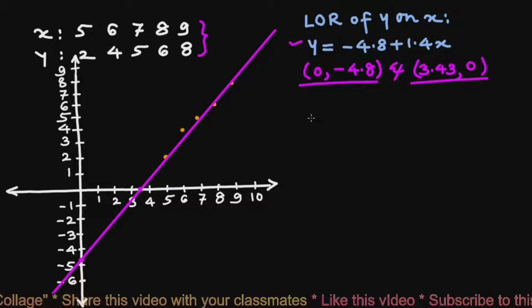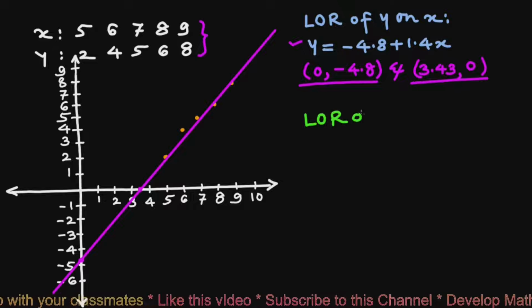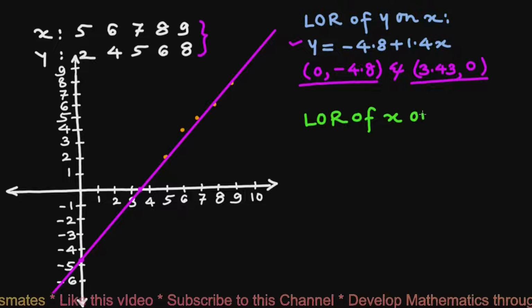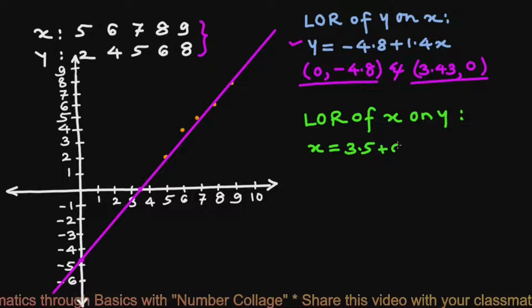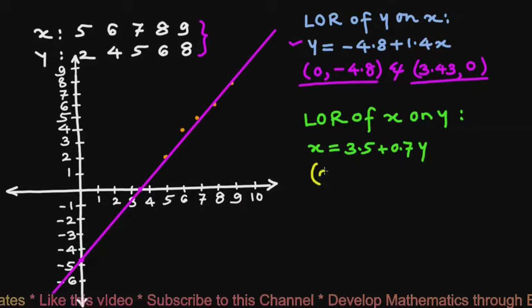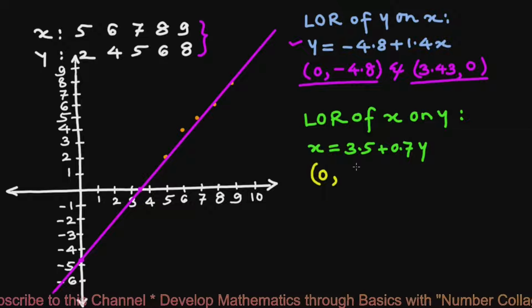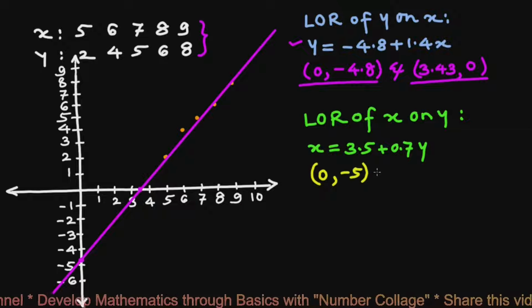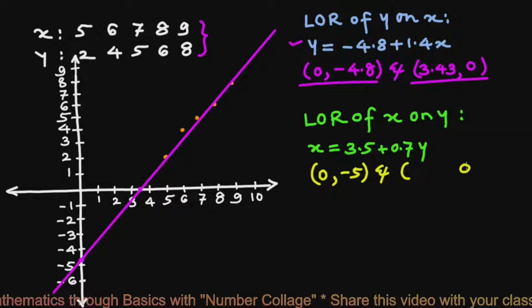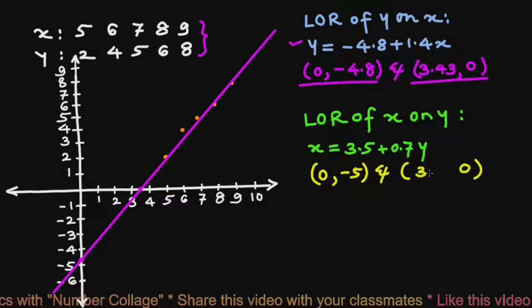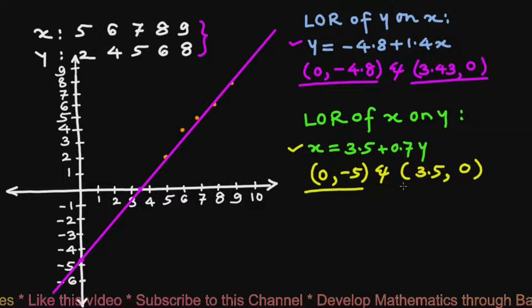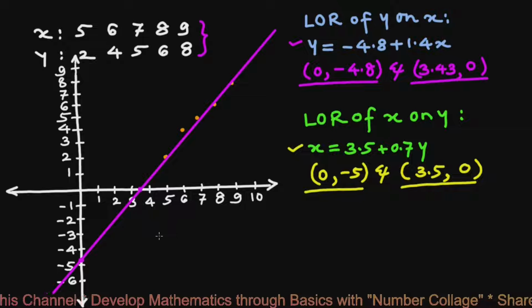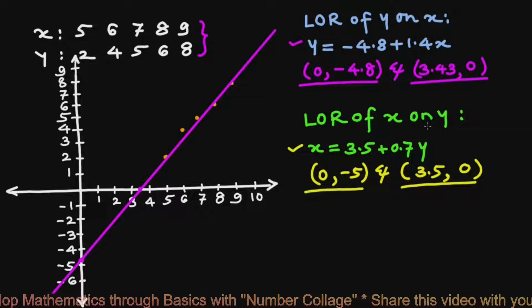Secondly, we have a line of regression of x on y, x equals 3.5 plus 0.7y. When x equals 0, y is minus 5, and when y equals 0, x is 3.5 in this equation. We will plot these 2 points on the axis and draw the line of regression of x on y.